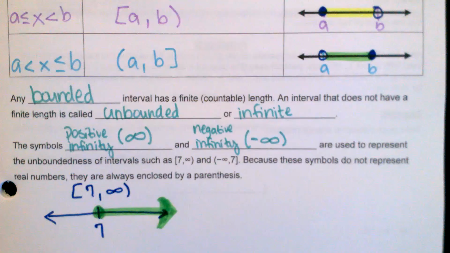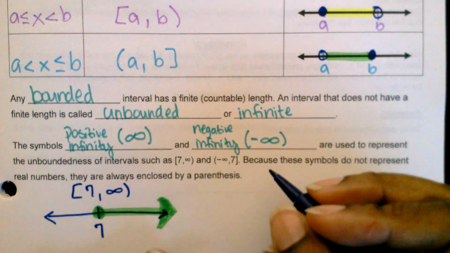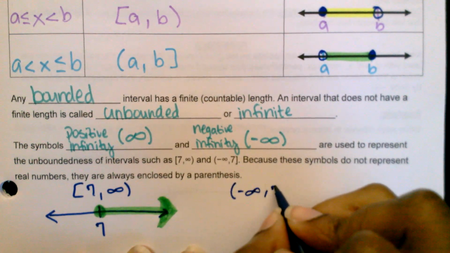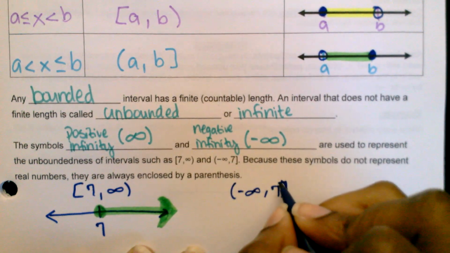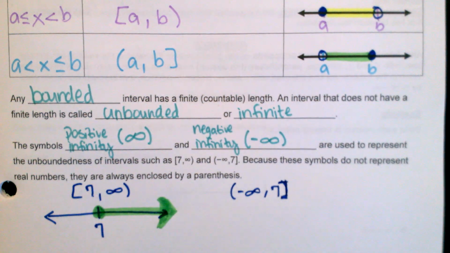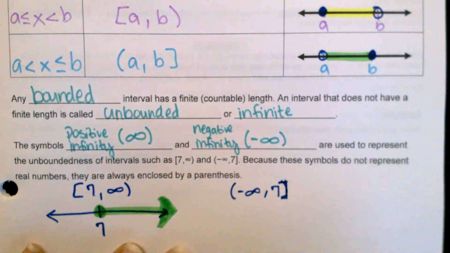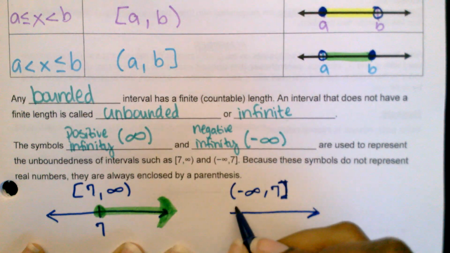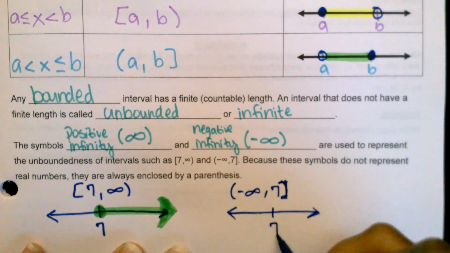Okay, let's look at graphing the negative infinity to 7. So I have 7.